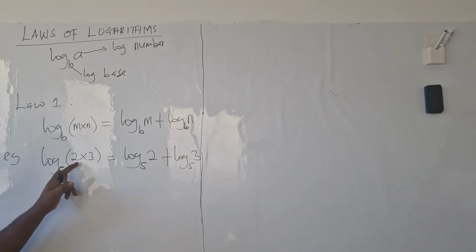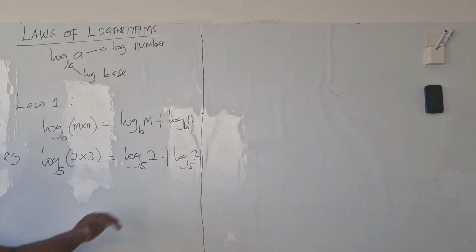So you can separate the two numbers multiplying each other with an addition sign like this.